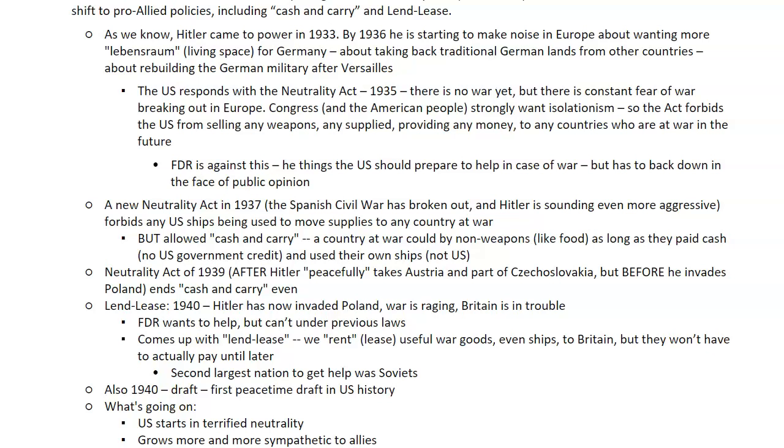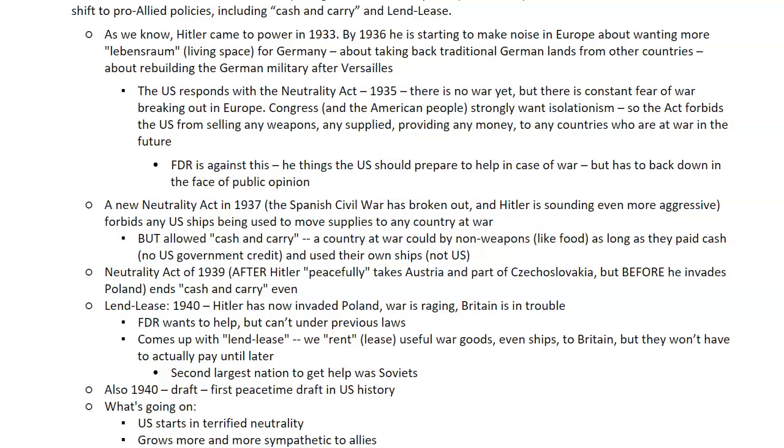By 1936, he is starting to make noise in Europe about wanting more Lebensraum, which is German for living space. Talking about taking back what had been traditional German lands in other countries, parts of Czechoslovakia, Poland, and France, rebuilding the German military, which had been reduced because of the Treaty of Versailles, and so on.